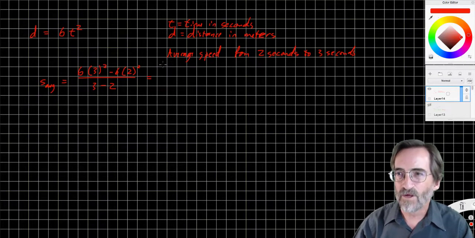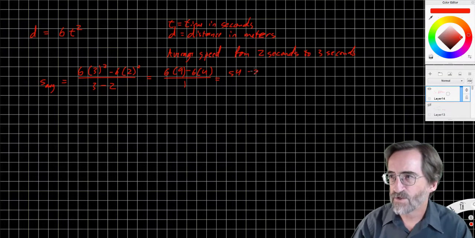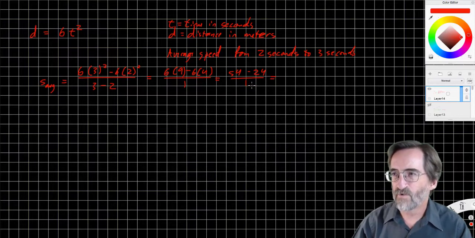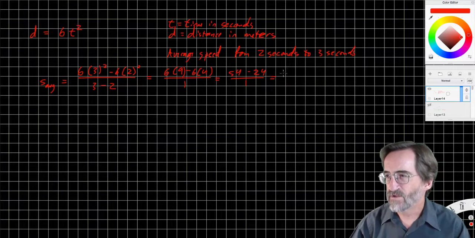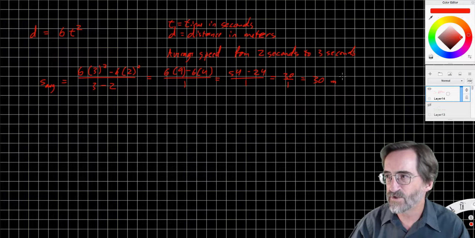And we end up with 6 times 9 minus 6 times 4, over 3 minus 2, which is 1. 6 times 9 is 54. 6 times 4 is 24. 54 minus 24 is 30. 30 over 1 is 30. So its average speed during that time is 30 meters per second.